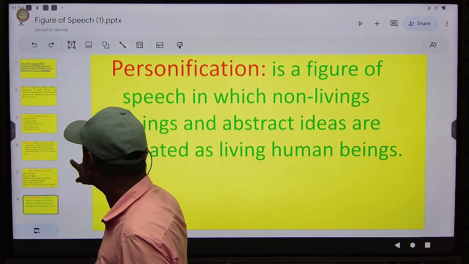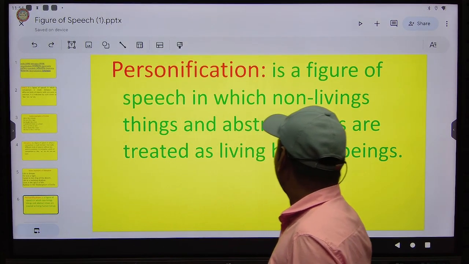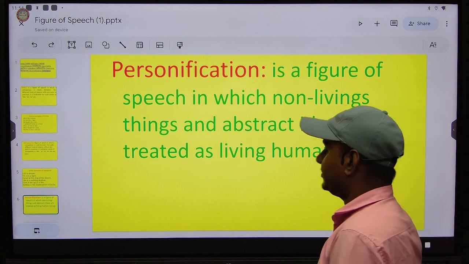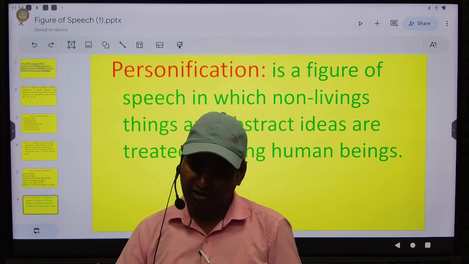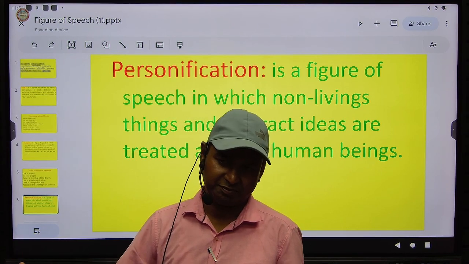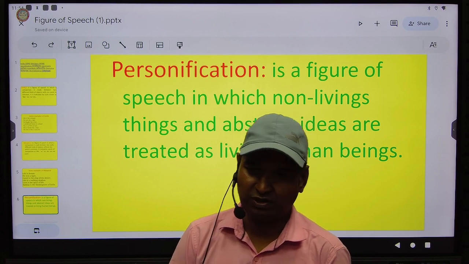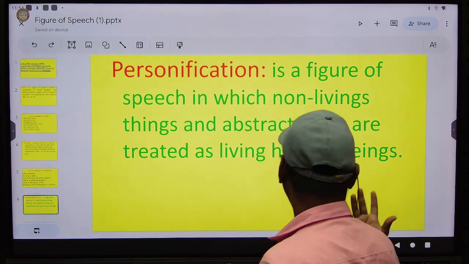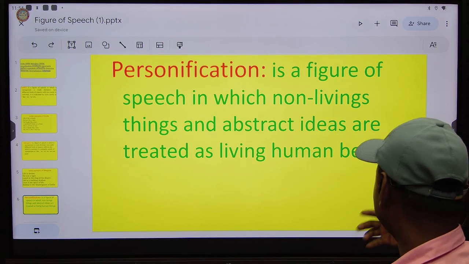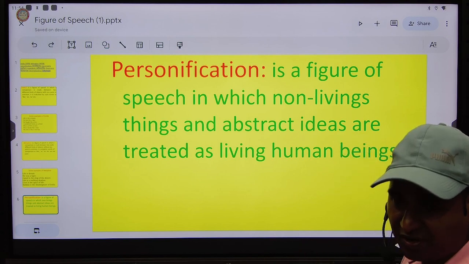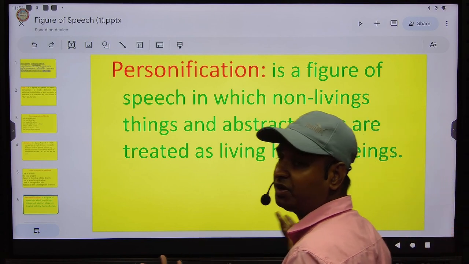Personification. Making some objects, treating some objects like a person is called personification. Personification is a figure of speech in which non-living things and abstract ideas, objects, etc., are treated as living human beings.